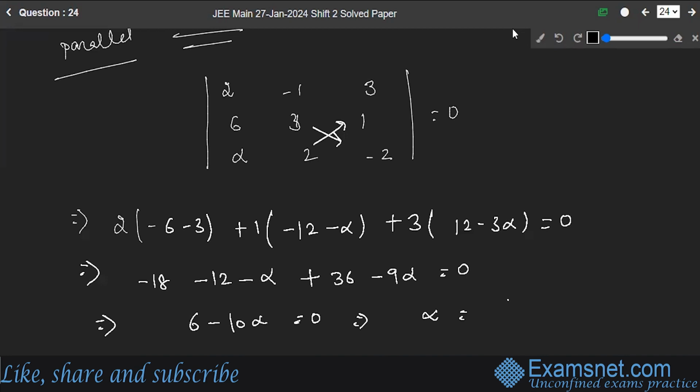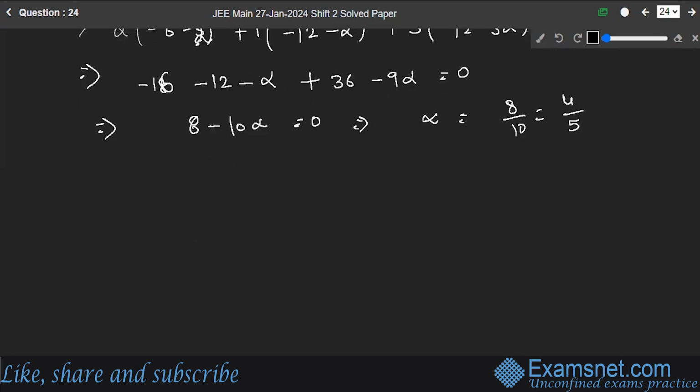This was supposed to be 6 minus 2. So this one was 2 and it will be 16 and it will be 8. All right, alpha will be 8 by 10 or 4 by 5. Okay, so now this is one of the values of alpha. And now the second case, if the lines are parallel.